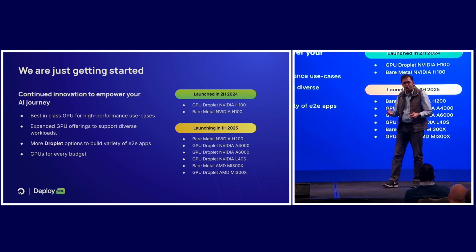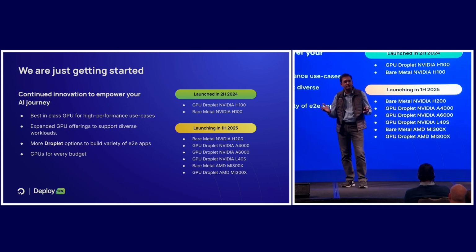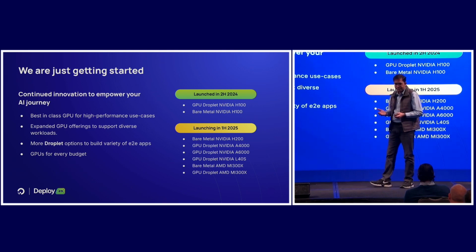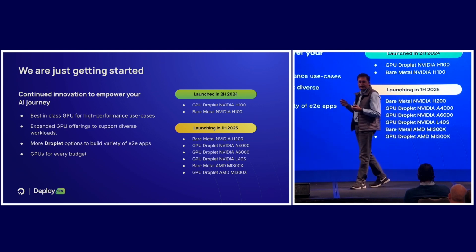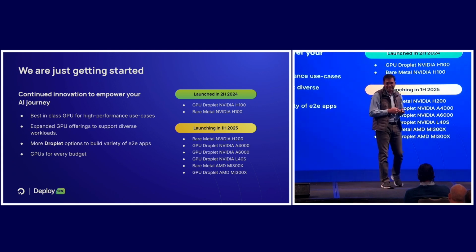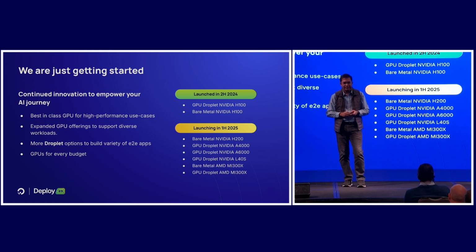Secondly, for some customers who have a variety of use cases and want to see different price points based on their use case, we are coming up with GPU Droplet versions, and we are bringing you access to NVIDIA A4000, A6000, and L40S. And again, if you were listening to Bratin in our keynote, these come at a variety of price points.